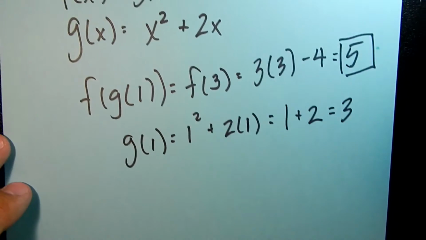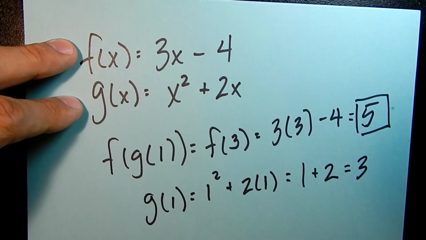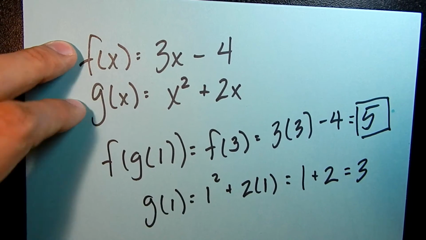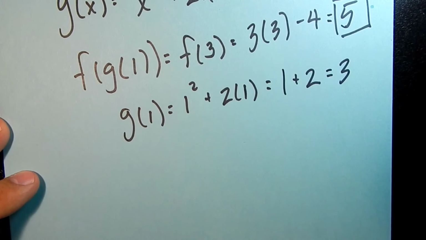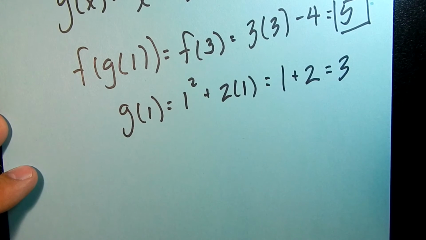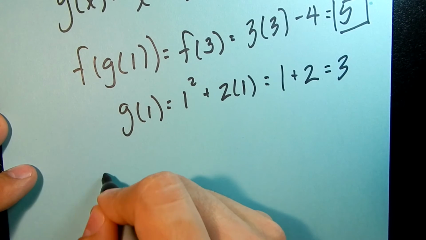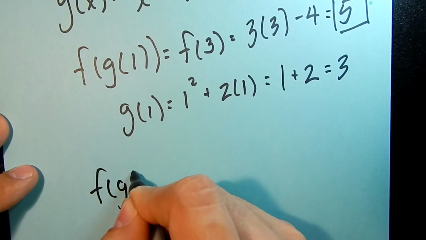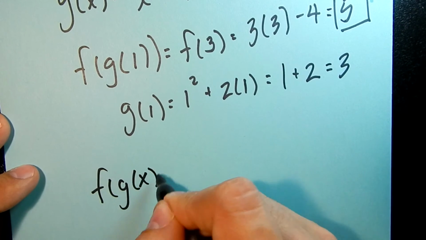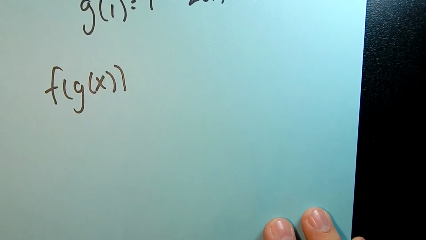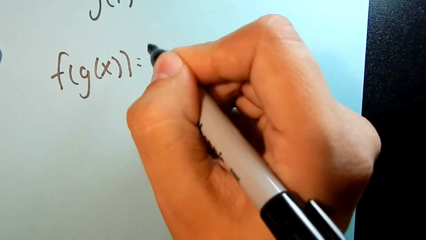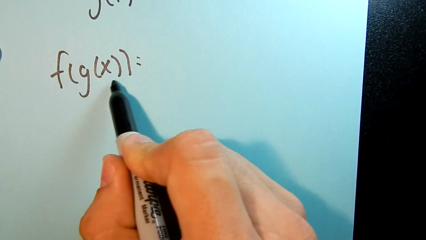So how would these particular 2 functions work if we tried to compose them? So if we did something like f of g of x. So if I have something that looks like this. Now my g function, again, is what we're going to work with first.